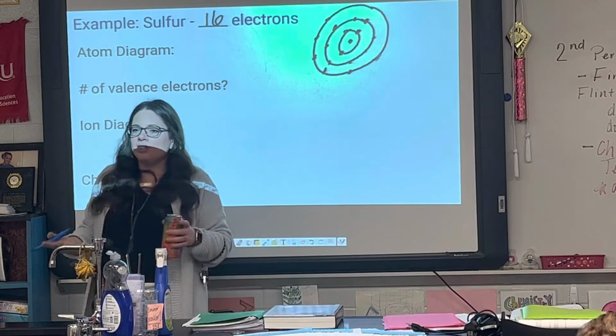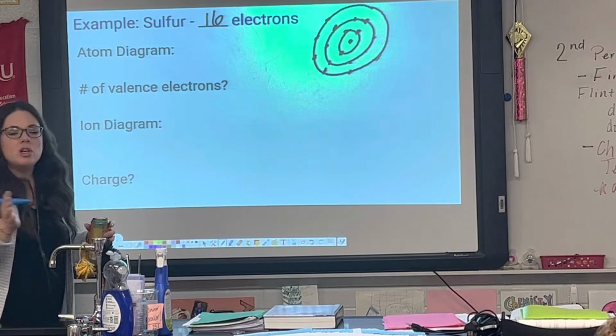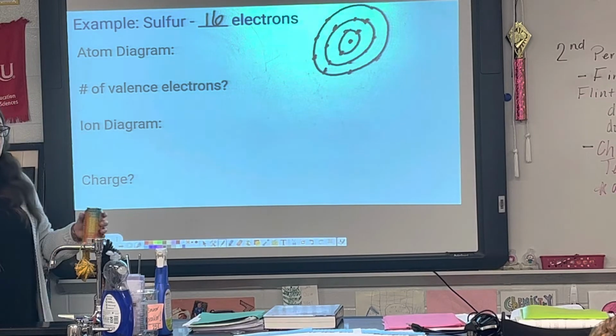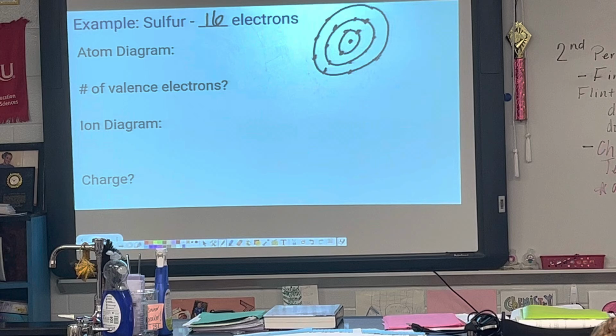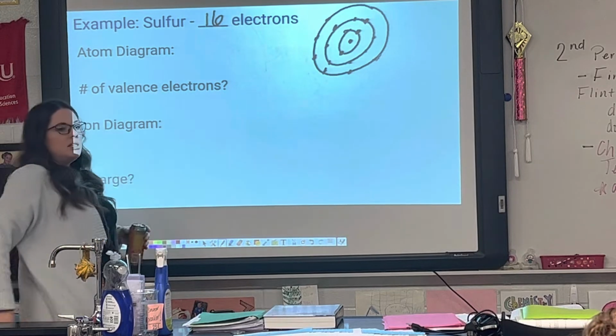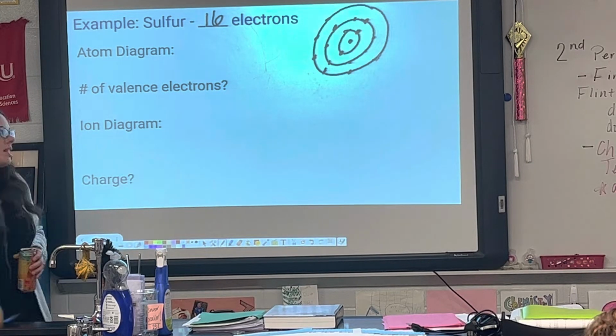So would it make more sense for sulfur to lose those outer 6 or to just gain 2 to get to 8? Gain 2. That's going to take less energy, because it requires the exact same amount of energy to gain an electron as it does to lose one. So it would be easier to just gain 2 than to lose 6 of those outer electrons. So how many valence electrons are there here? 6.